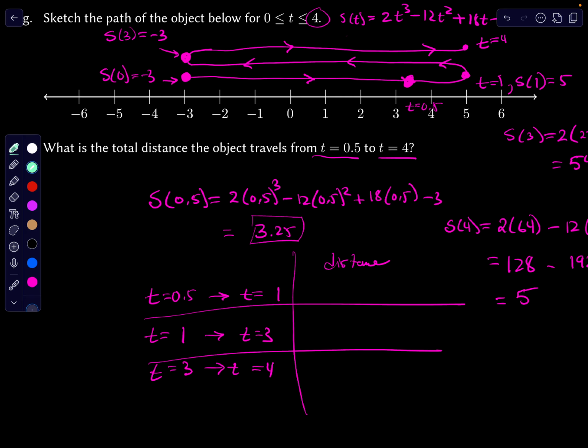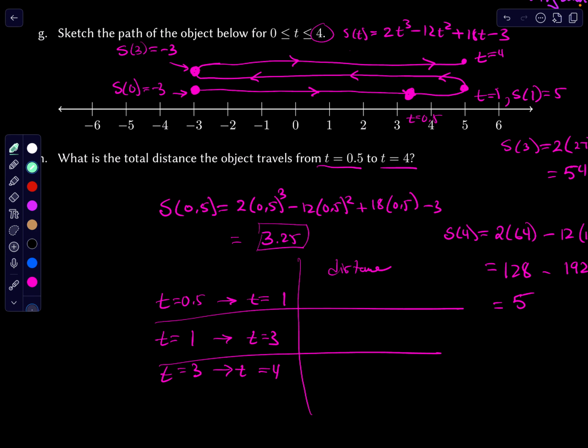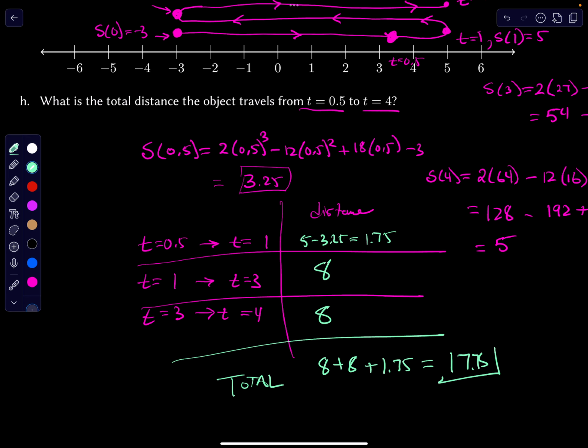The distance traveled from 3.25 to 5 is 5 minus 3.25, which is 1.75. The distance from t equals 1 to t equals 3 is 8, because you start at positive 5 and end at negative 3. The same is true from 3 to 4. Now let's get the total: 8 plus 8 plus 1.75 is 17.75 units, whatever they are.